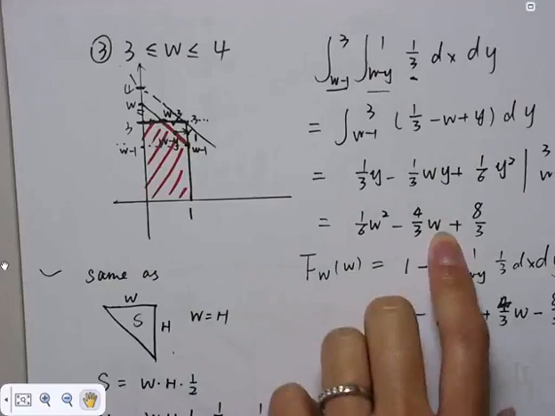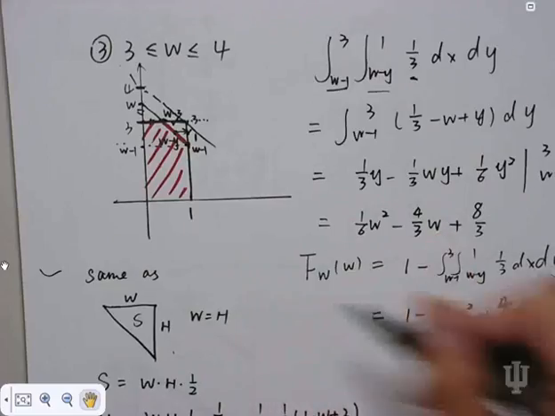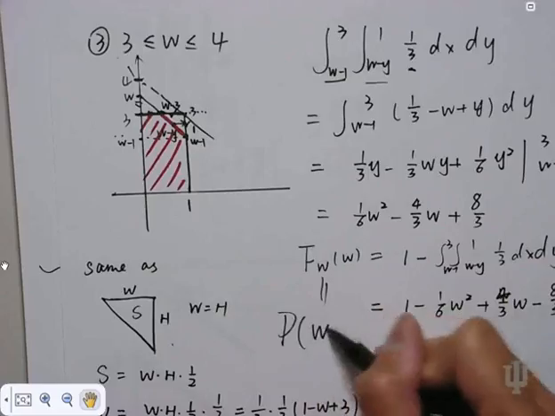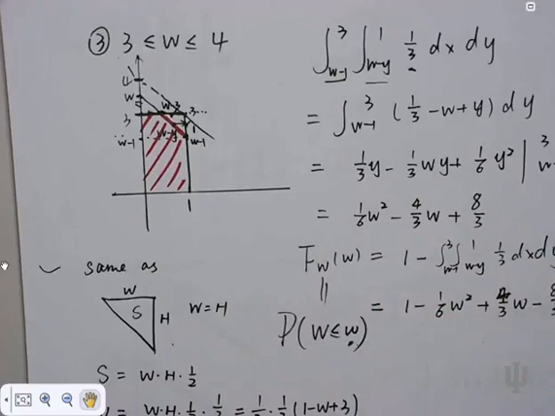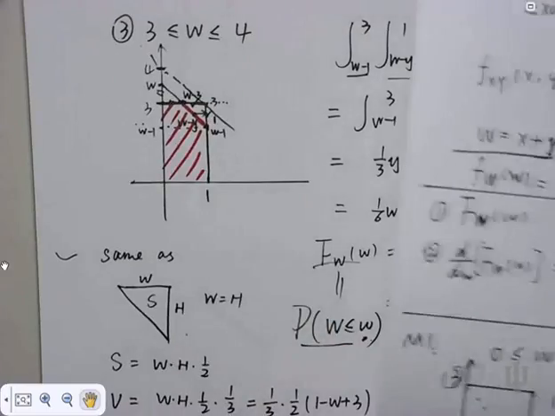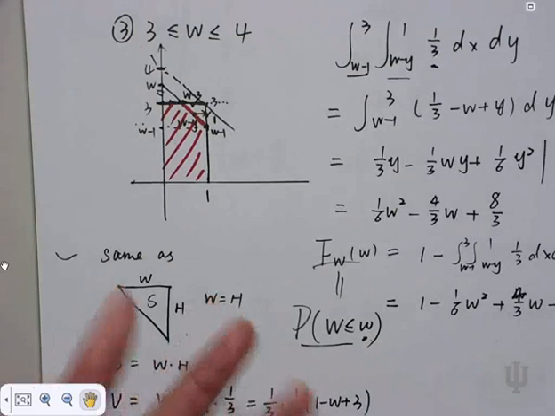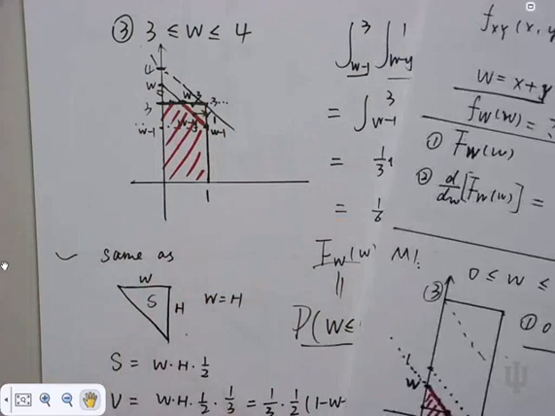So when W takes any value, it is the probability. This is your value, right? So you fix your W, you will get a probability. That's why we want this function, right? It represents everything. So it's much easier to calculate the volume, the space, the area, but we are doing another general form, right?